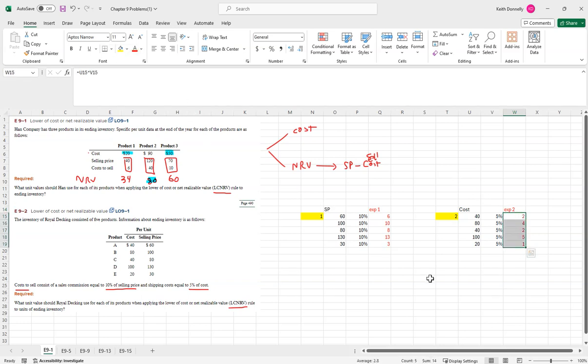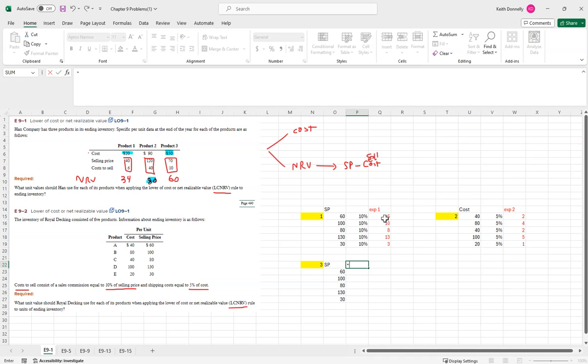Okay. Then what we have to do is step 3, we're going to have to figure out the NRV. So the NRV is going to be the sales price, this guy up here, we can carry those down, minus expense 1, we carry those down, minus expense 2, we carry those down.